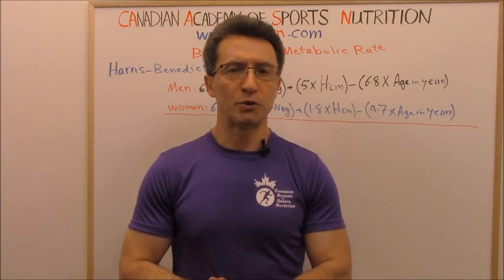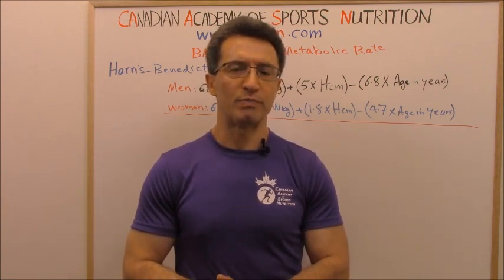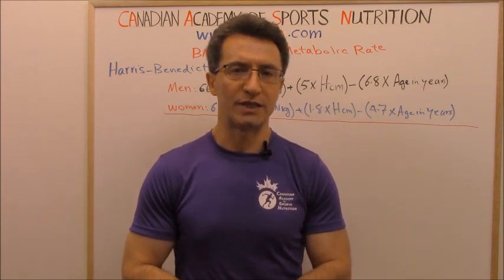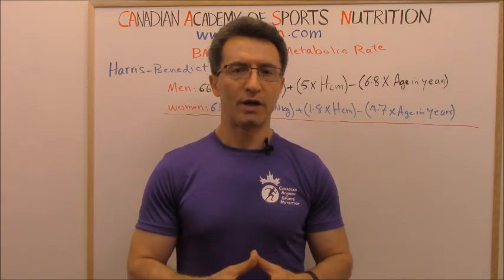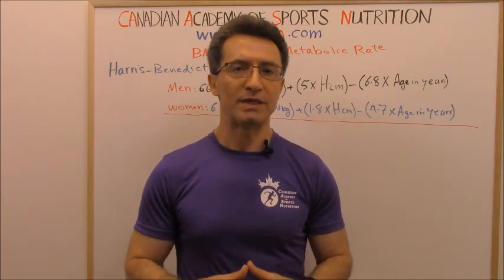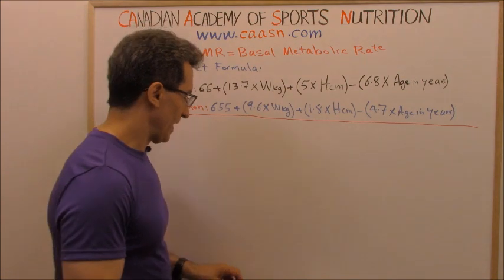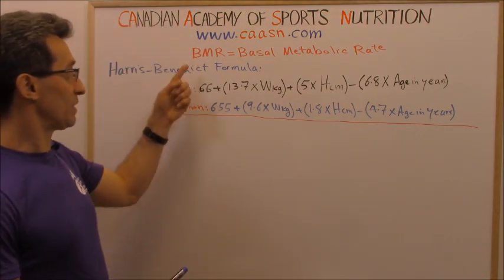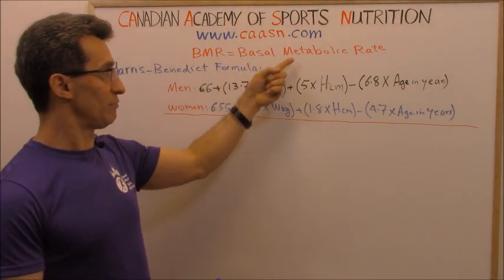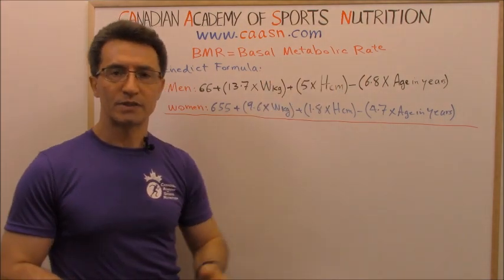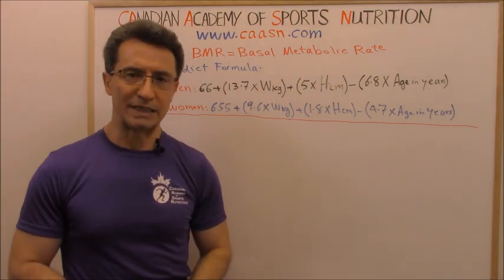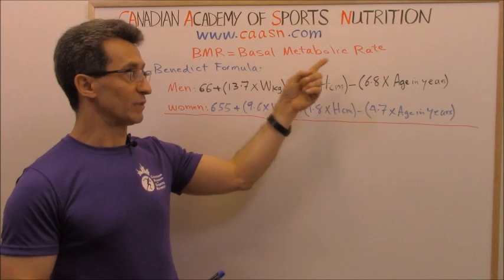Okay, today I'm going to show you how you could calculate your basal metabolic rate and total daily calories. But before I show you, let me tell you what BMR is. As you can see here, BMR stands for basal metabolic rate. Sometimes it is called resting metabolic rate.